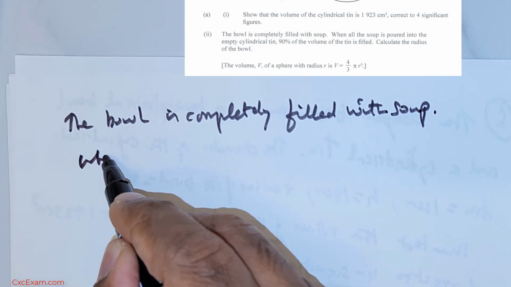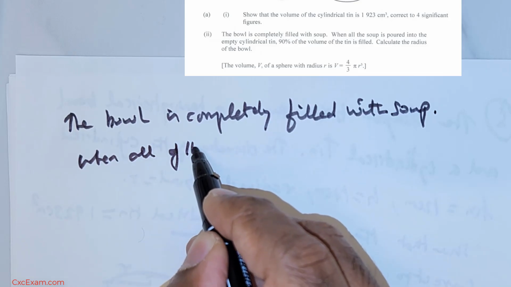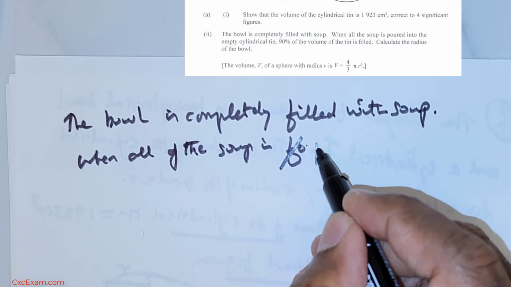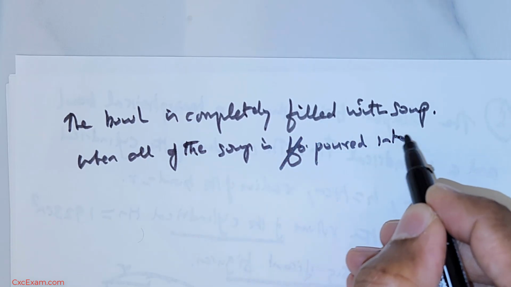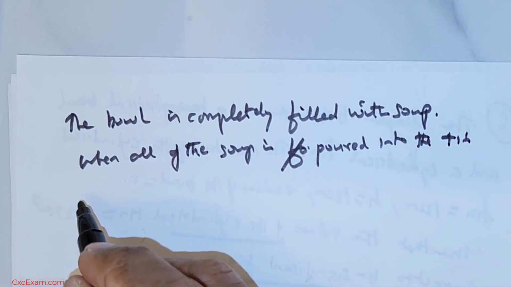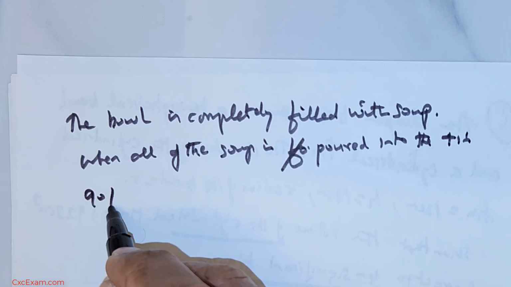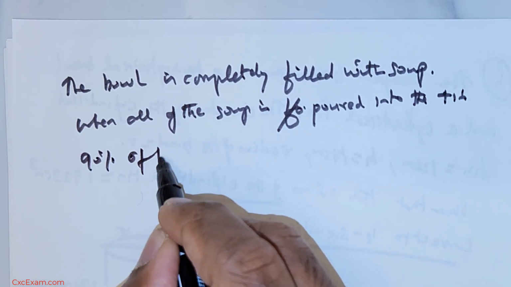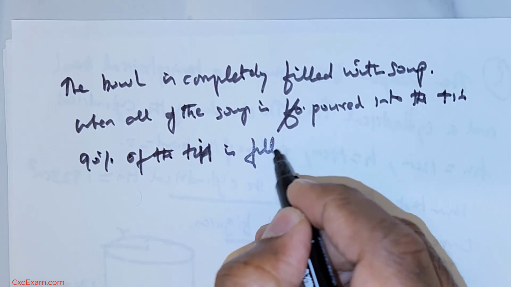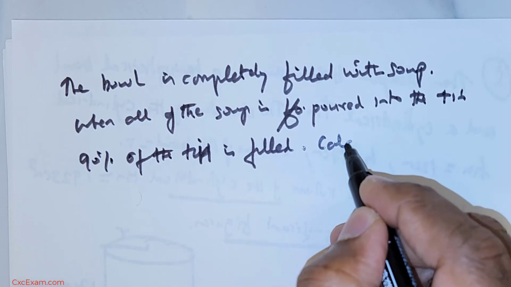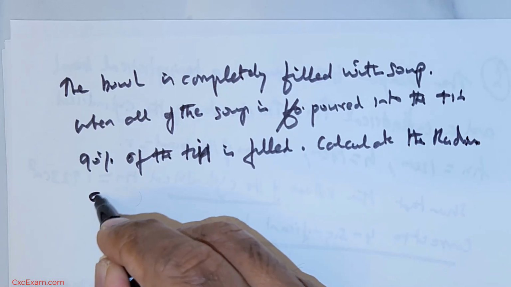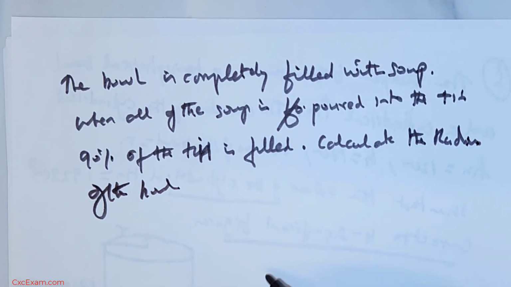When all of the soup is poured into the tin, only 90% of the tin is filled. Calculate the radius of the bowl.